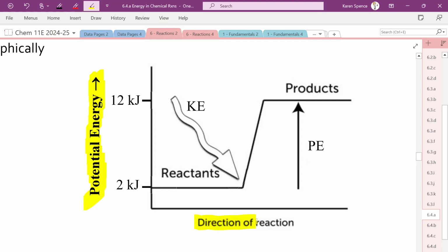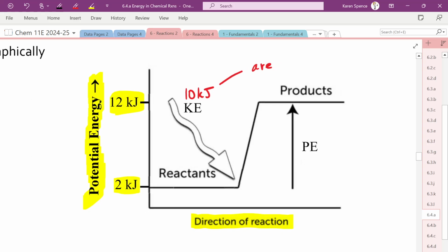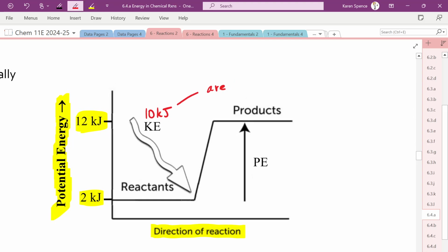And we say this is the direction of the reaction, which just means the reaction is going forwards from reactants to products. We start with reactants, we go towards products. The reactants have 2 kilojoules of potential energy. The products have 12 kilojoules of potential energy, and 10 kilojoules of kinetic energy are absorbed and transformed into potential energy.